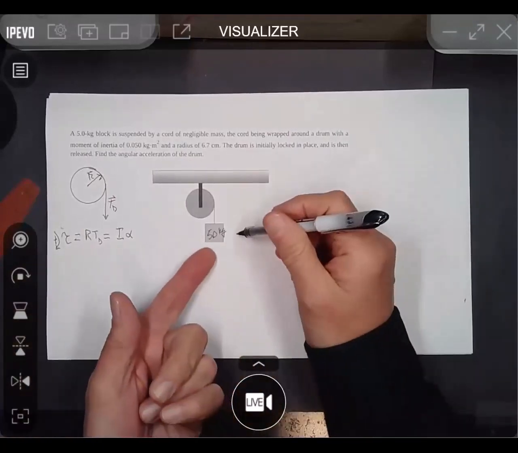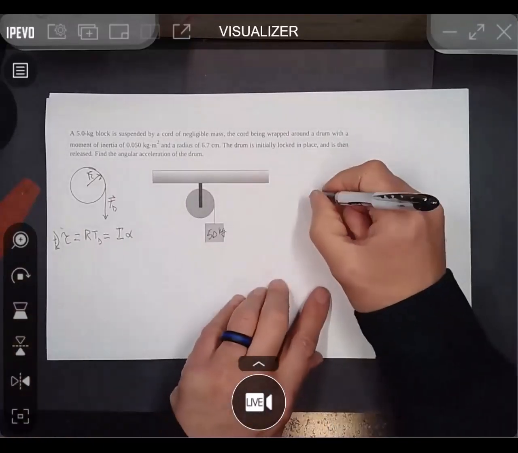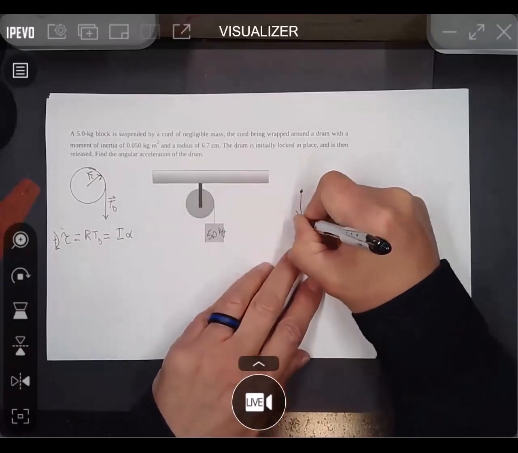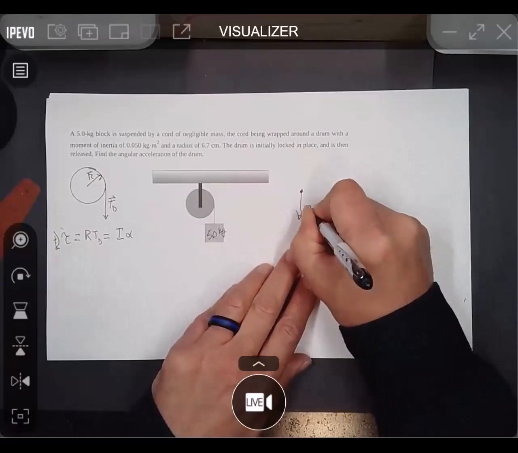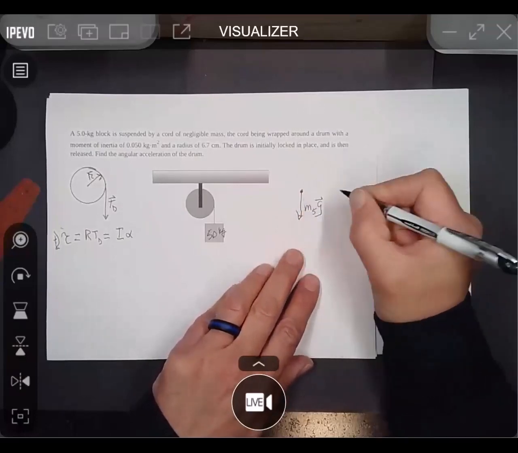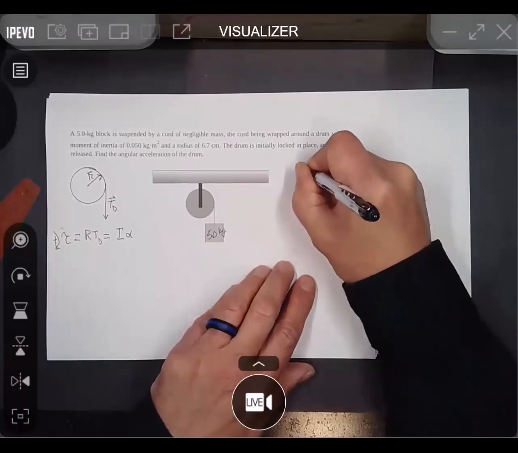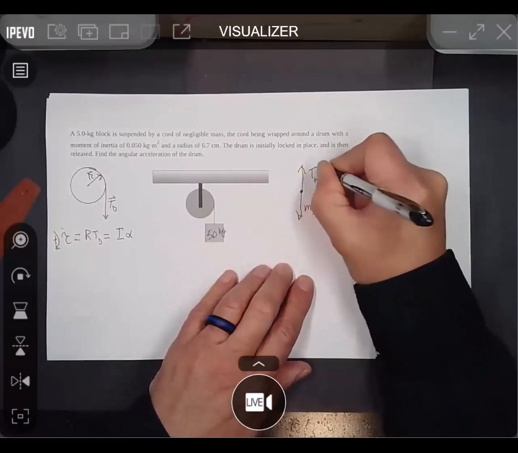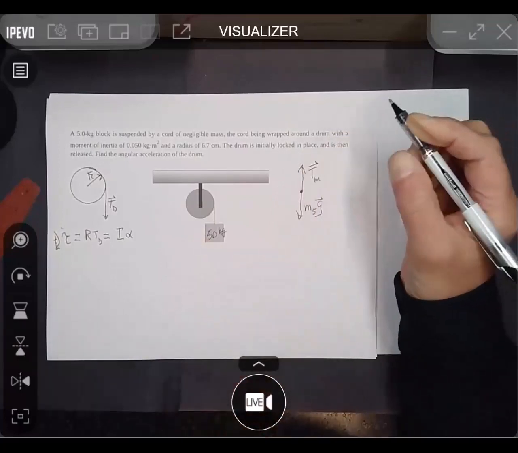Then come over here and make a free body diagram for the hanging mass. Acting downward on it, I'll have m sub 5 times g, and acting upward on it, I'll have the tension that's acting on the mass, T sub m is what I'll call that.